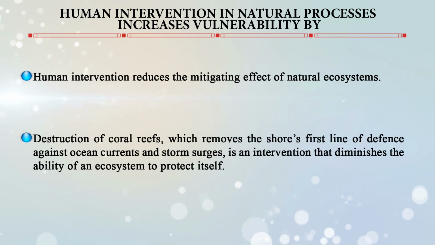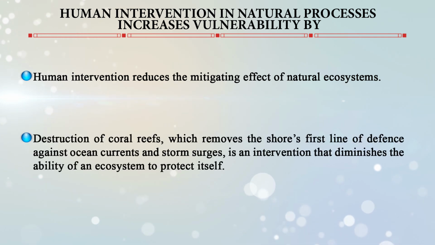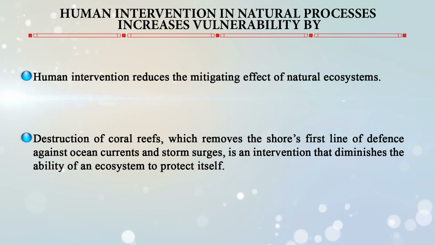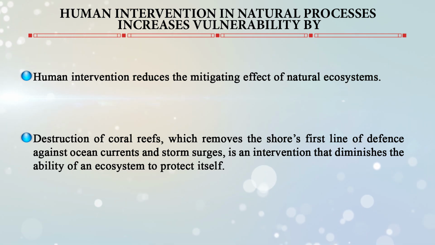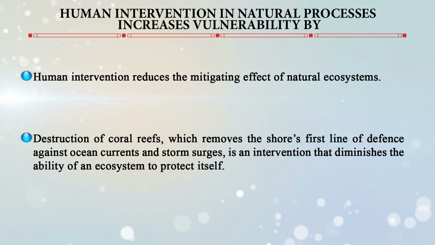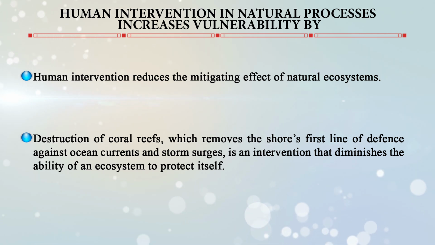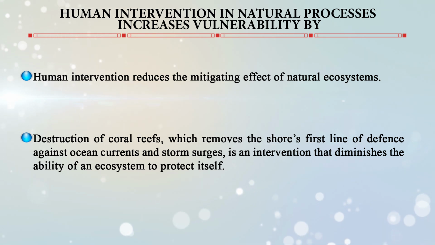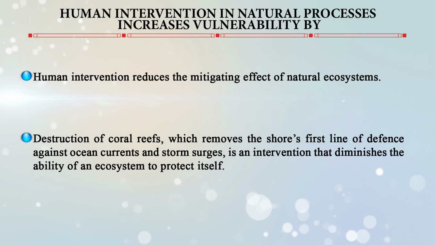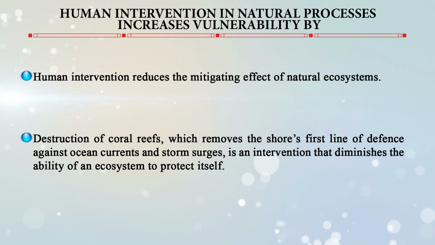But if we intervene, for example, through the destruction of the coral reefs or the mangroves, which are the first line of defense on the shore and coastal areas that can protect the communities from the ocean currents and storm surges, this is an intervention that can diminish the ability of an ecosystem to protect itself.